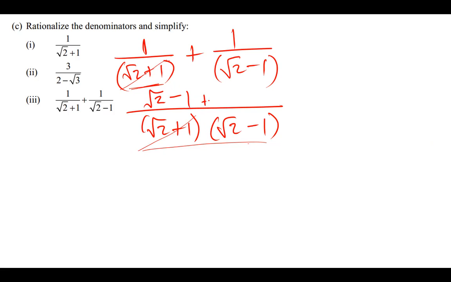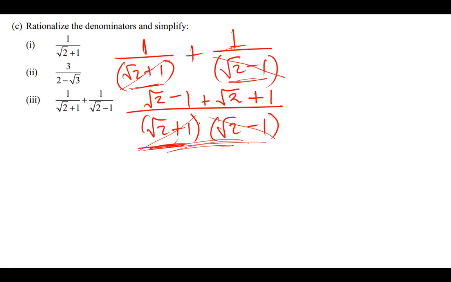Then we say plus this part into everything here in the denominator. So that's the same as canceling this and that. Then what you remain with is just this part, multiplied by 1. So you have root 2 plus 1.